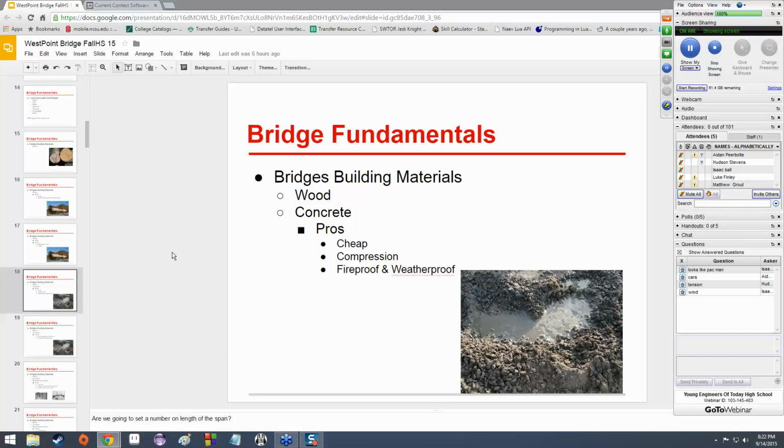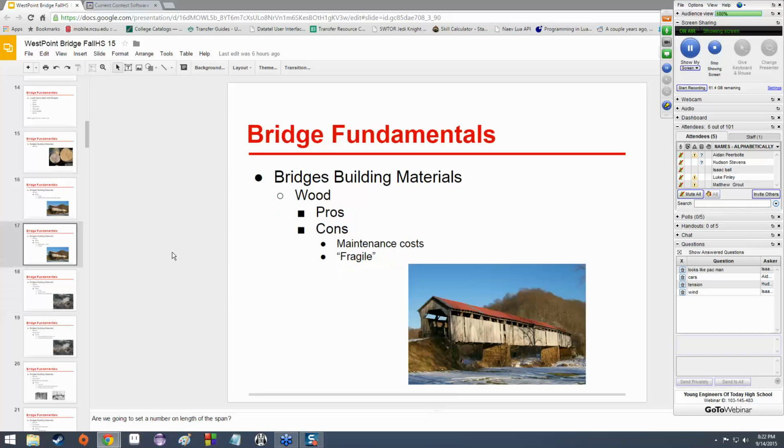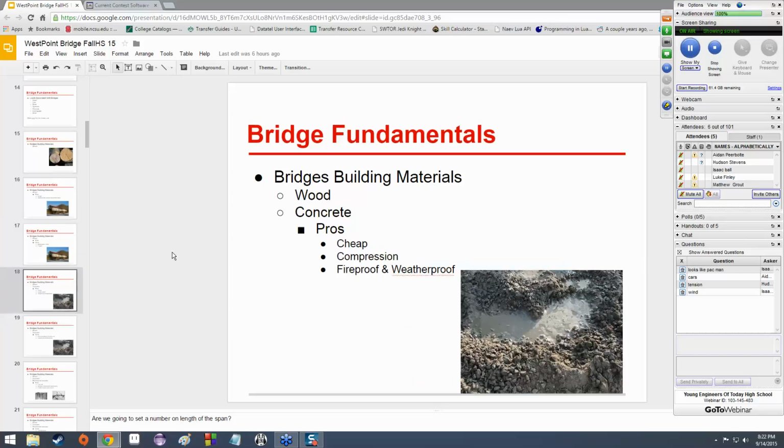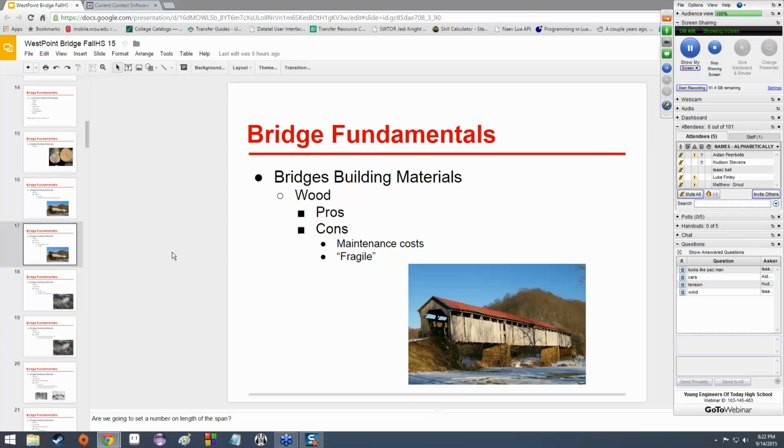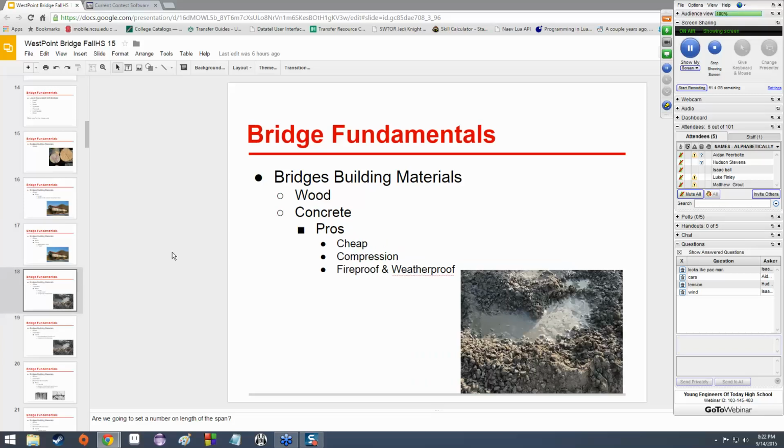I mean, you can get potholes and things like that, but certainly wood would degrade faster than concrete in that situation. And it's also, very importantly, fireproof. It will not catch fire like that bridge would, which is nice.